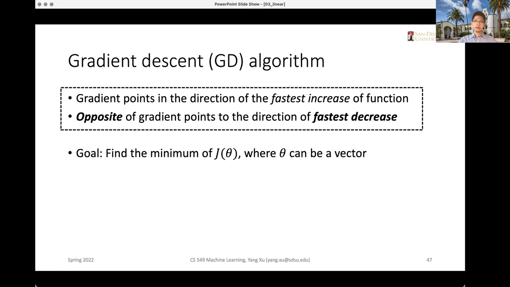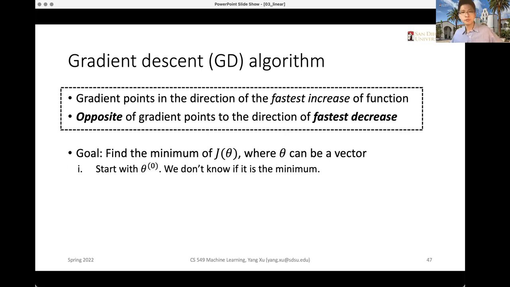So let's define the problem more formally. Our goal is to find the minimal point of the cost function, J of theta. Because we have multiple parameters, our theta is a vector, right? We don't know which theta will lead to the minimum point, so we will start with some random point called theta 0.